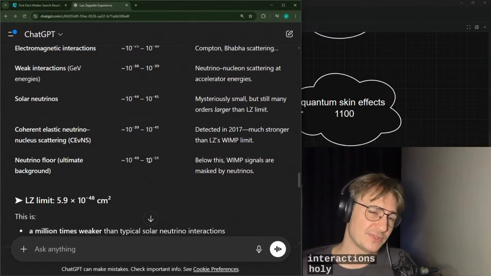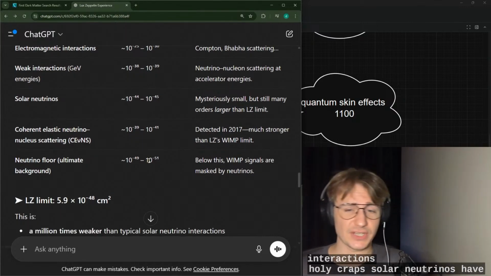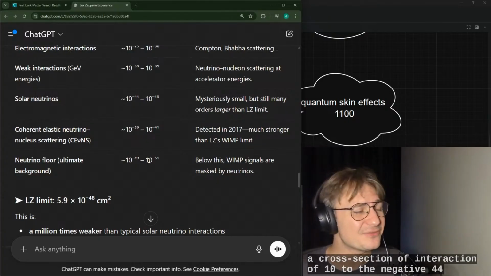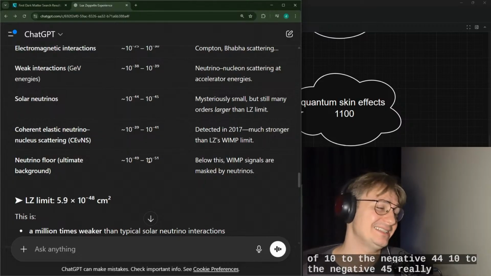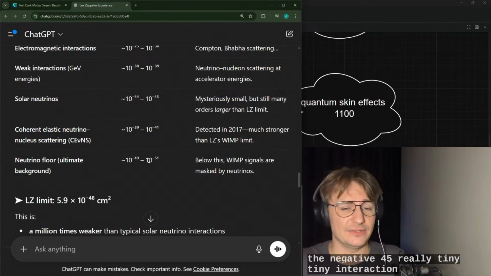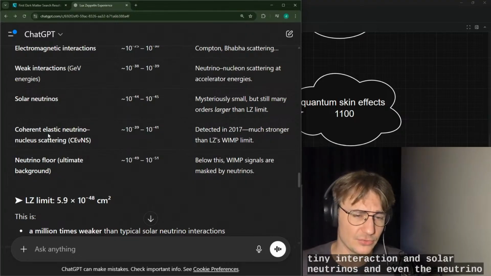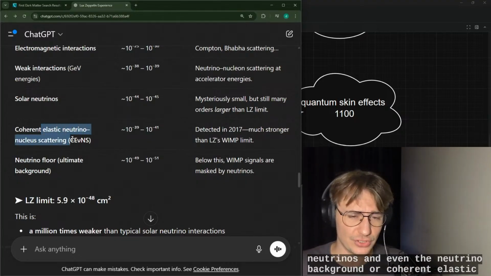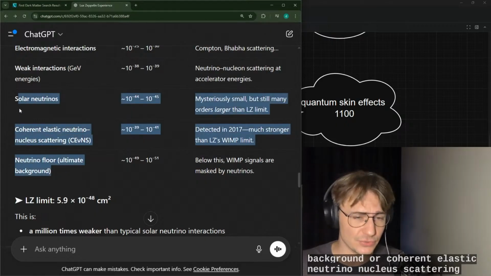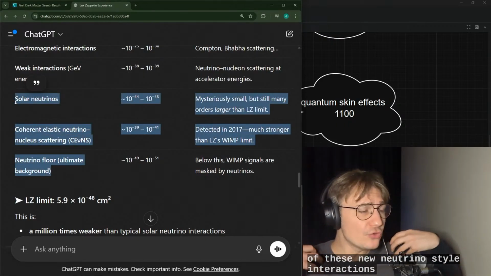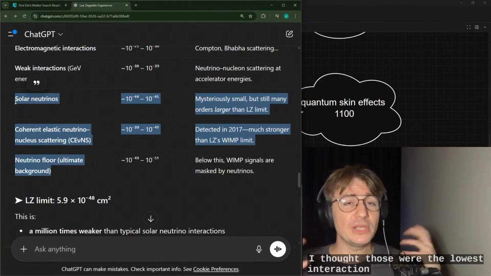Holy cripes. Solar neutrinos have a cross-section of interaction of 10 to the negative 44, 10 to the negative 45. Really tiny interaction. And solar neutrinos and even the neutrino background, or coherent elastic neutrino-nucleus scattering, all of these neutrino-style interactions, I thought those were the lowest interaction probabilities.